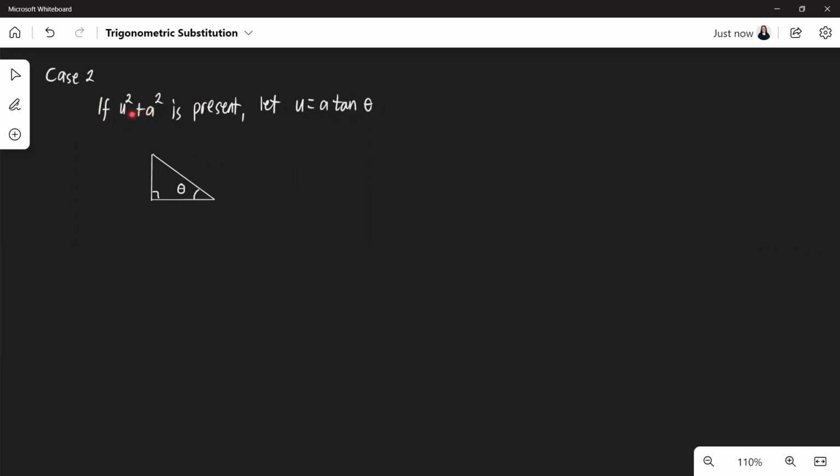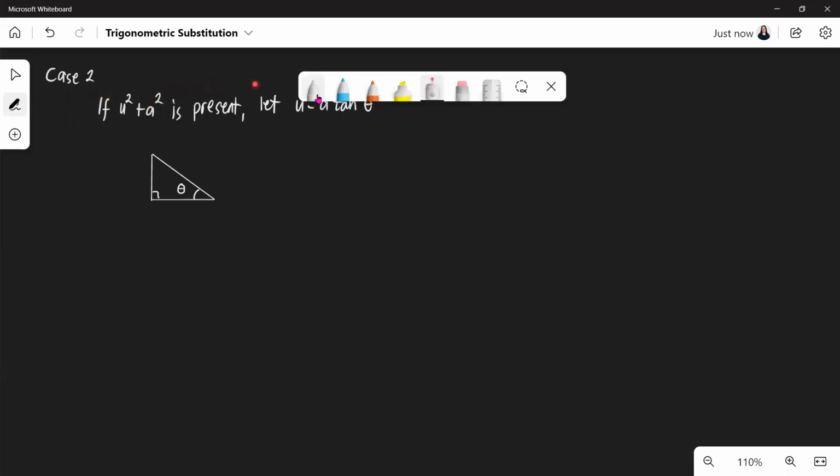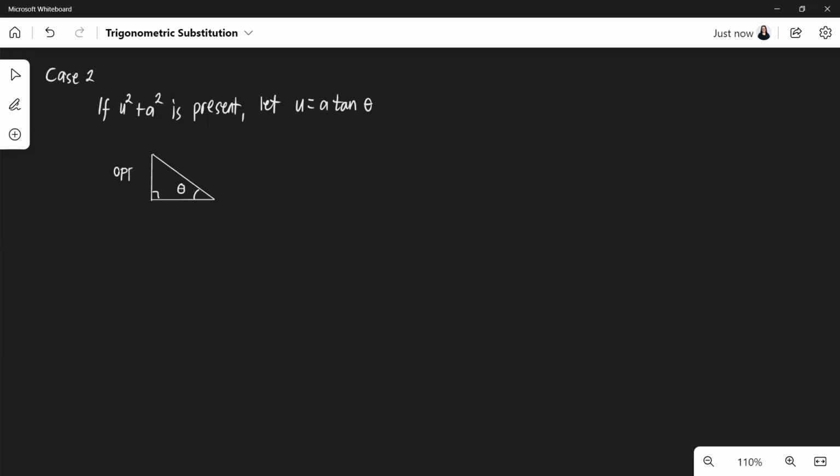From the Pythagorean theorem, it must be the sum of the squares of the two sides, the opposite and the adjacent sides. So u would be on the opposite side. If this is our triangle, then the opposite side is here and the adjacent side is here.